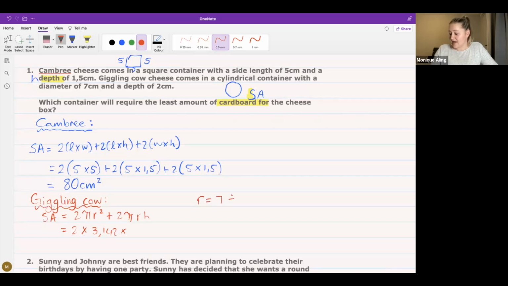Radius is 7 divided by 2, which gives us 3,5. So I've got 2 times pi times our radius of 3,5 squared plus 2 times 3,142 times 3,5, and our height is 2 centimeters. If you work that out, you'll get 120,97 centimeters squared.